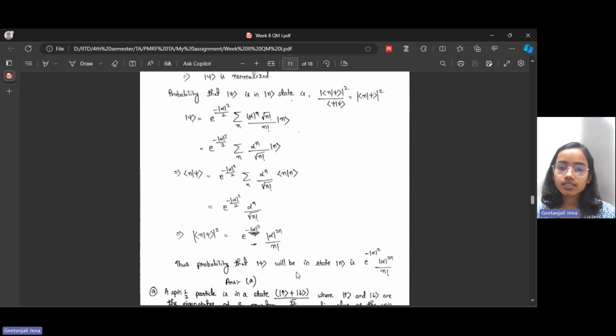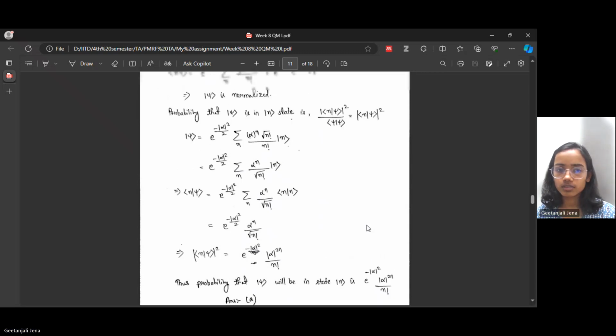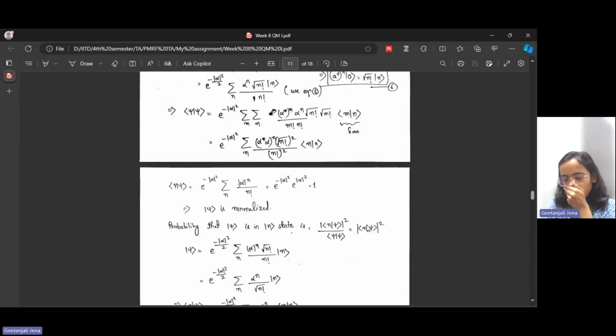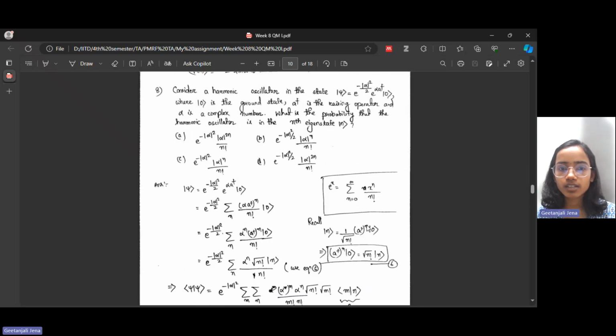So the probability is e to the power minus alpha square into alpha to the power 2n by n factorial. So the answer will be A, which is e to the power minus alpha square alpha to the power 2n by n factorial.